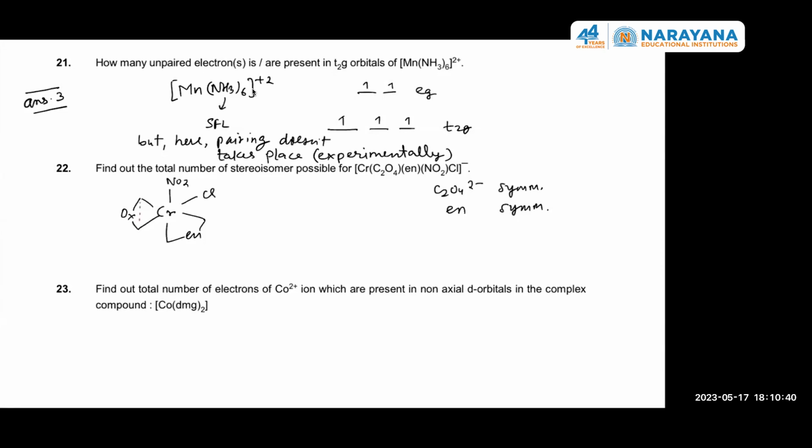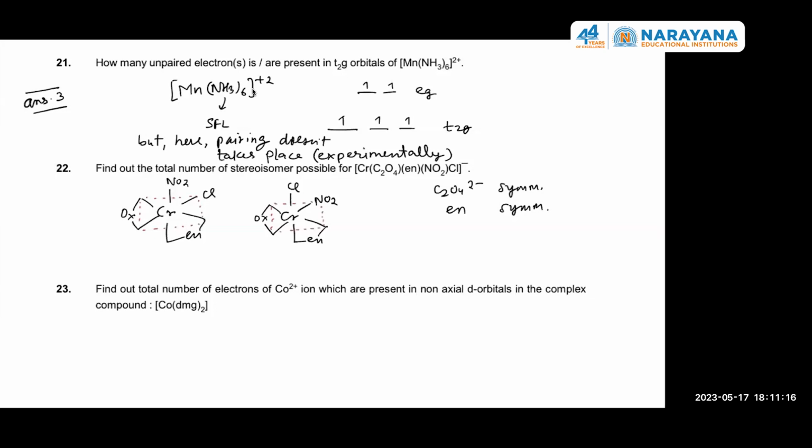This will be one of the possibilities, in which we take en and oxalate as cis, and automatically NO2 and Cl as cis will come. But here we can also change the geometry with respect to this chlorine and NO2. So this will be one of the geometrical isomers. First of all, we will think about the possible geometries, then we will check for the symmetries.